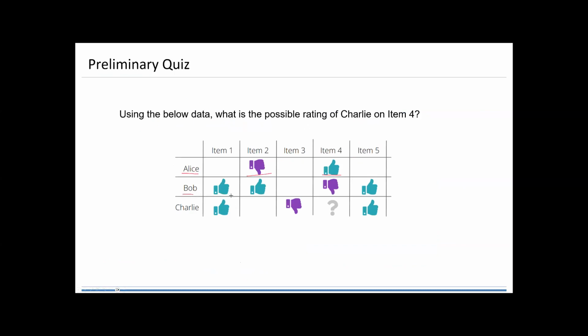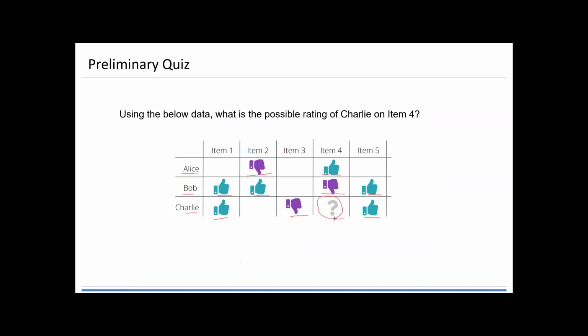Bob gave a good rating on item 1, item 2, and item 5, but a bad rating on item 4. Meanwhile, Charlie has item 1 good, item 3 bad, and item 5 good. So, what do you think about Charlie for item 4?